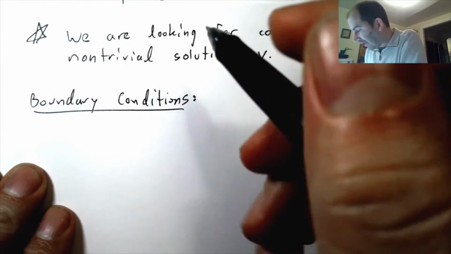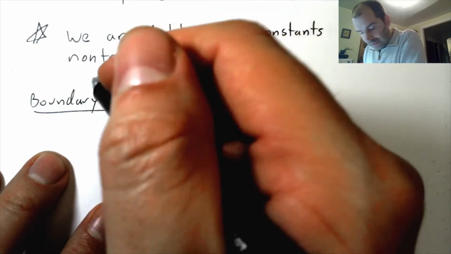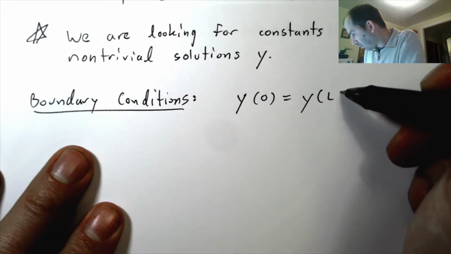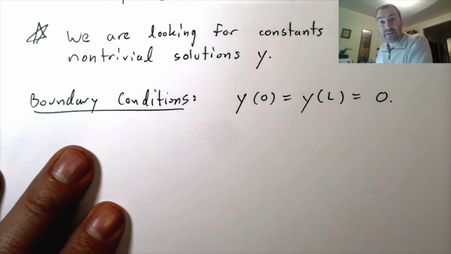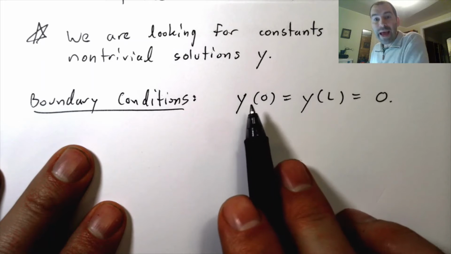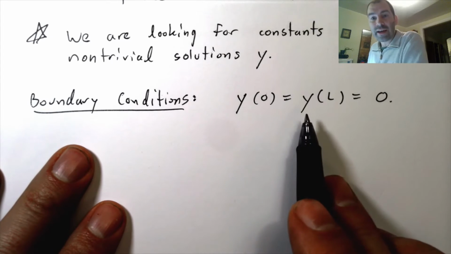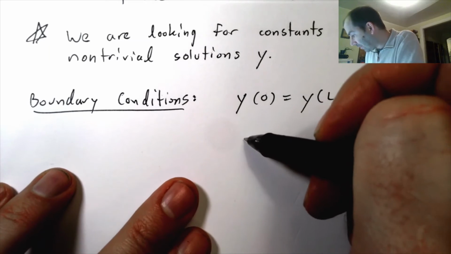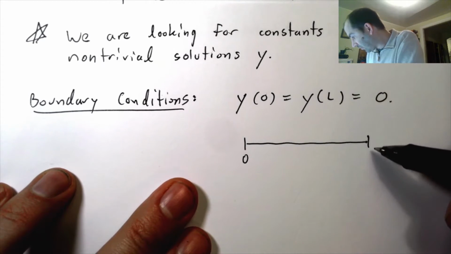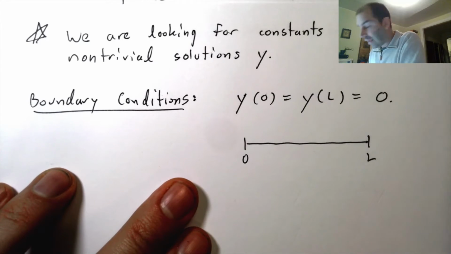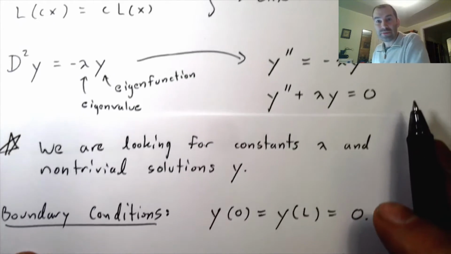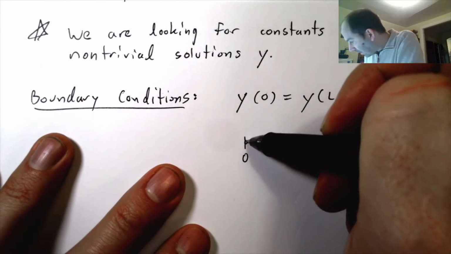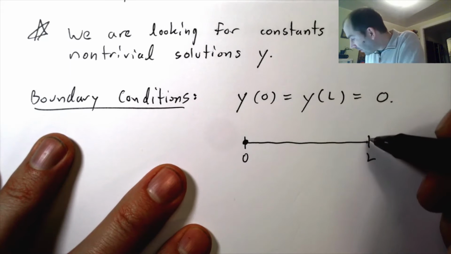So the boundary condition that I just described is this. Now, what is L? Well, we are imagining that the function is defined on the interval from 0 to L. Okay, so what I'm saying here is that we have the interval 0 to L, and we're looking for solutions to this differential equation such that the solution's equal to 0 here, and it's equal to 0 here.